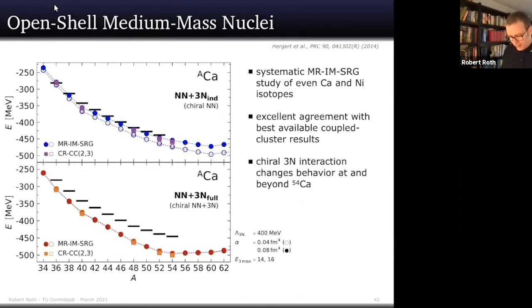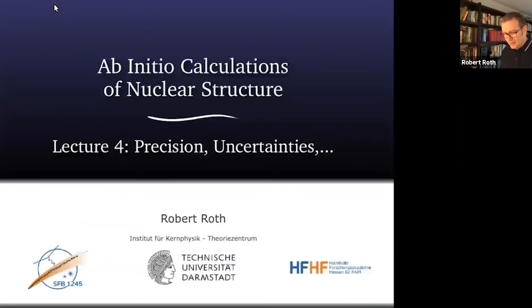Okay, now we have to worry about interactions, and this is kind of the starting point for my last section, my last lecture. It's this question of precision and uncertainties.